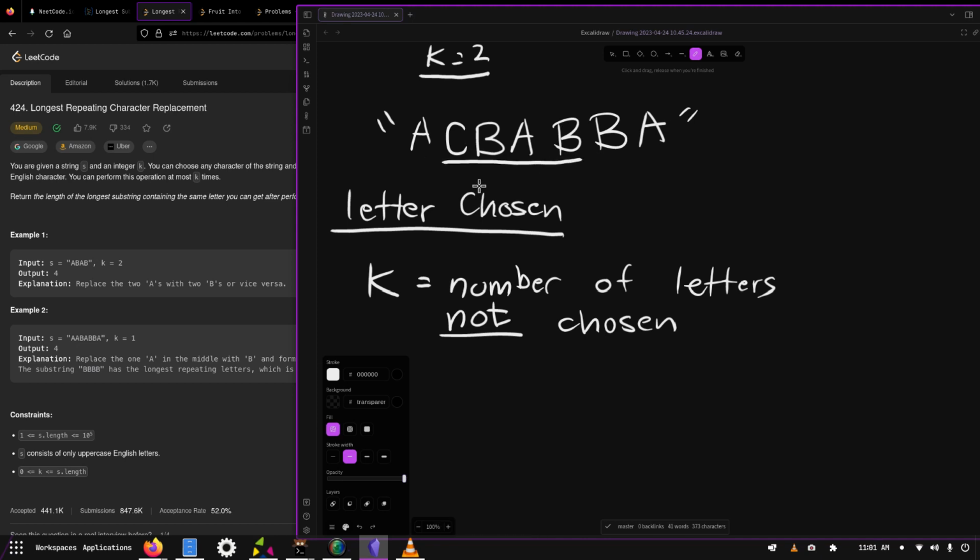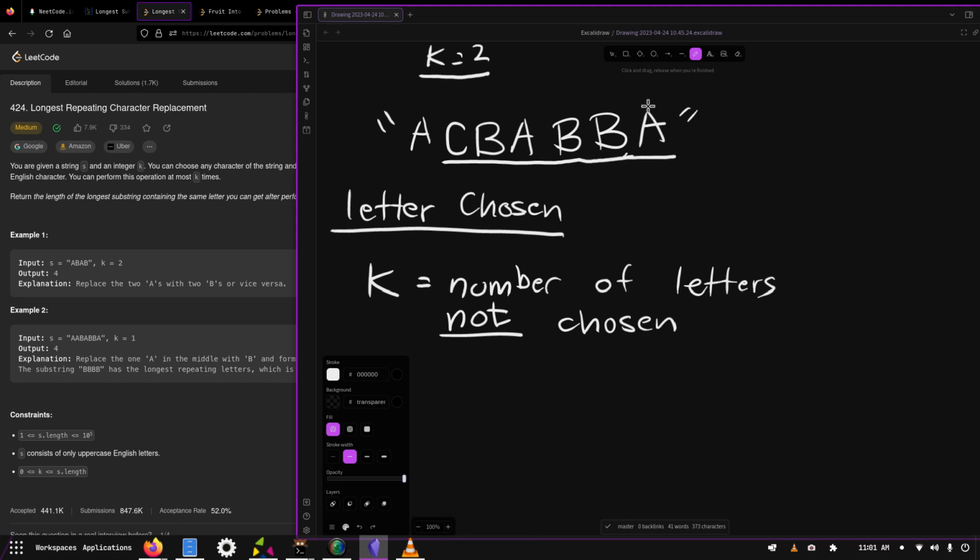We see that now it's only 2 other characters, C and A. Okay, and then this is a valid string again. So we can extend our window. We see B is the same as our letter chosen, which is B because it's our most frequent letter. And then these two would be replaced. And then we get to here.